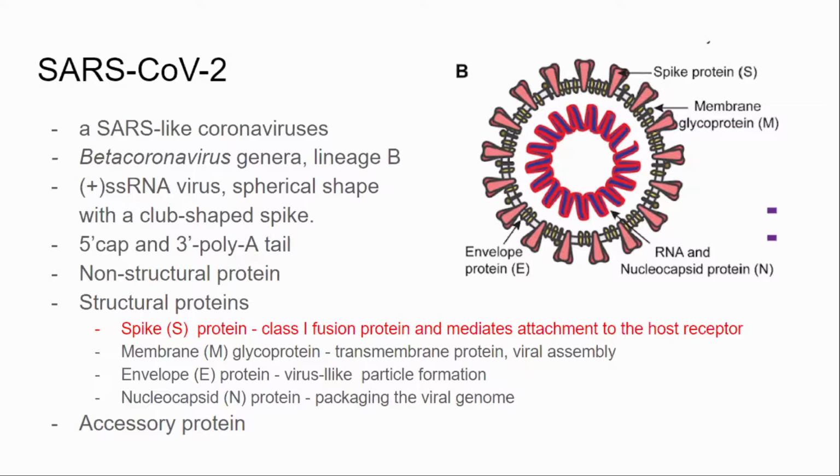When looking at this virus under the fluorescent microscope, researchers found that it has a spherical shape with spikes that look like a crown. It is composed of non-structural proteins, including essential enzymes, and structural proteins, including the S protein, the spike that the virus uses to attack the host cell receptor. The virus also has a membrane glycoprotein or M protein, envelope protein or E protein, and the nucleocapsid or N protein.